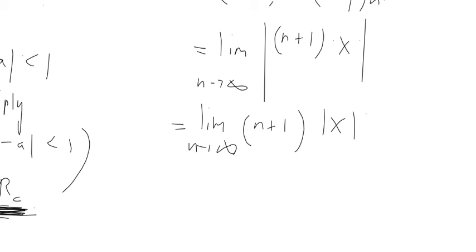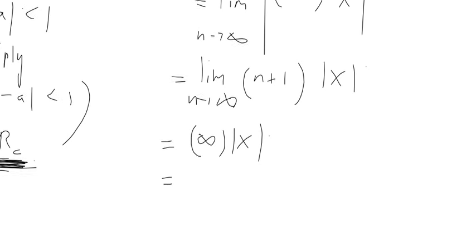So here you'll notice if I plug in n approaches infinity, this now gives me infinity times the absolute value of x. I know that looks weird, but infinity times any nonzero number is always infinity.